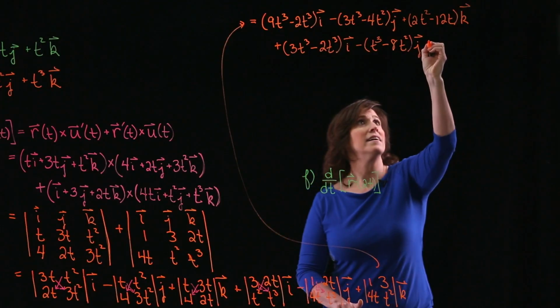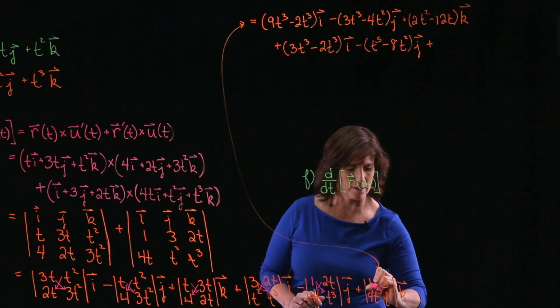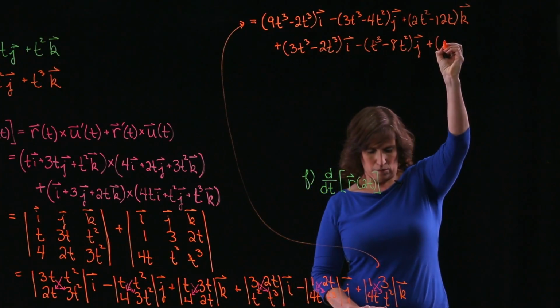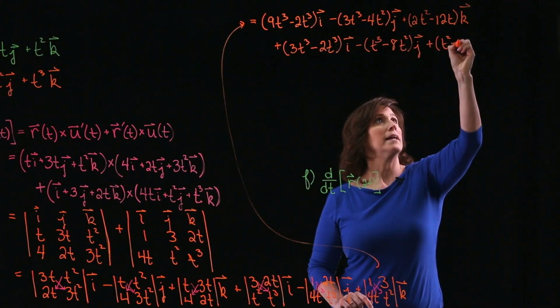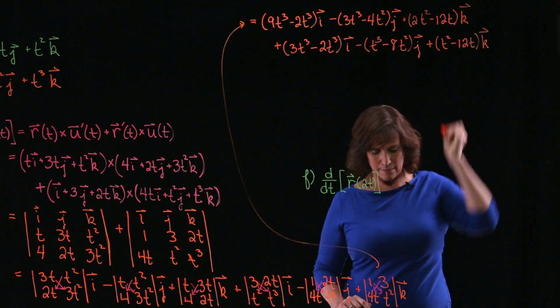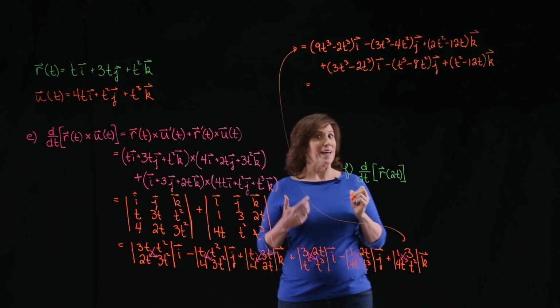And then I'll add t squared minus 12t. So t squared minus 12t times my vector k. Okay, so we're getting closer.